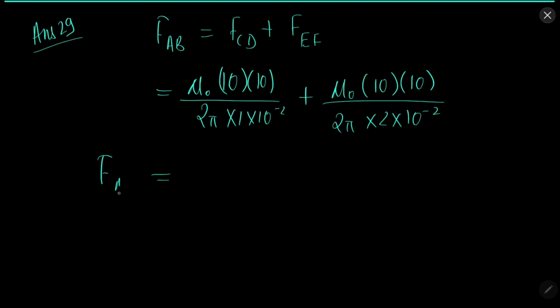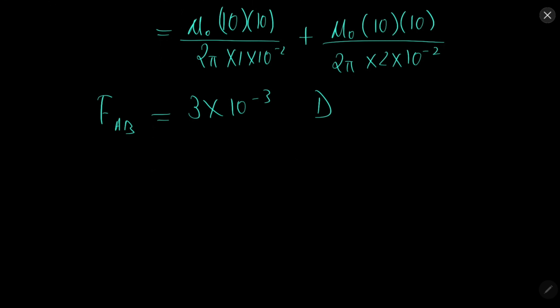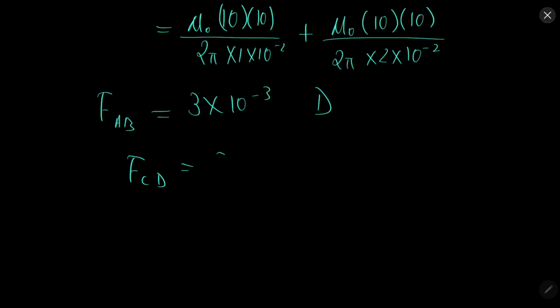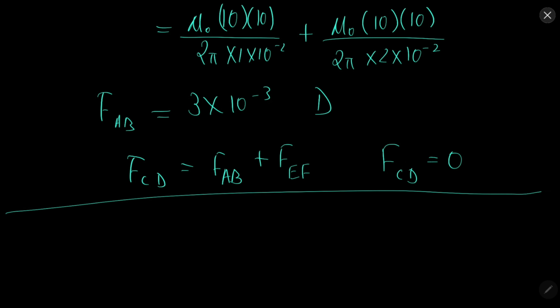So FAB will be 3 into 10 to the power minus 3 downward, and FCD will be FAB plus FEF, which are in opposite directions, so FCD will be 0.